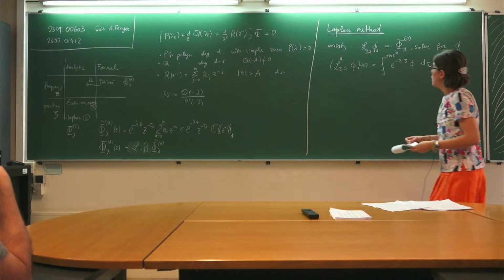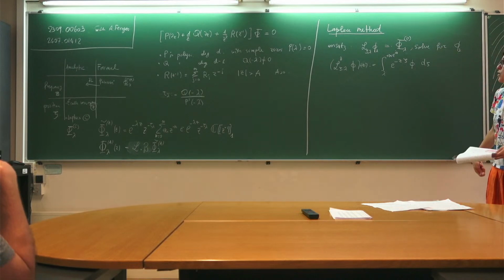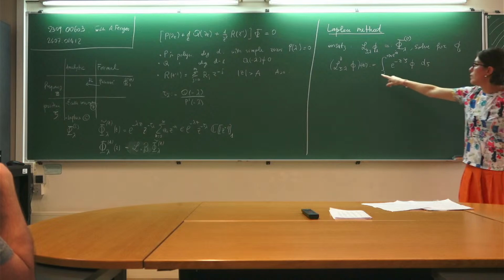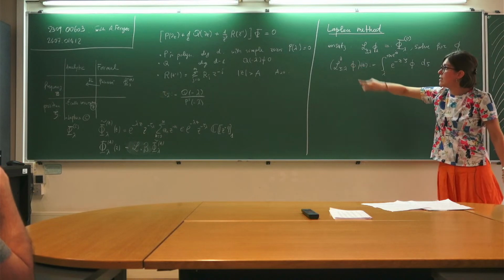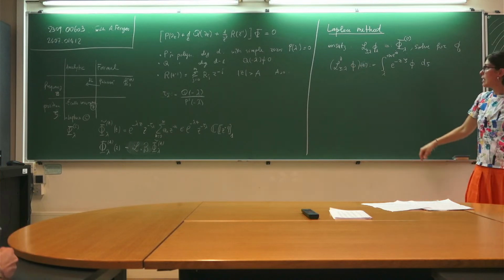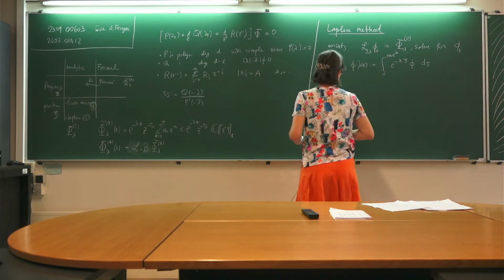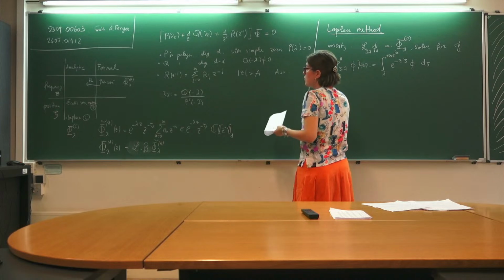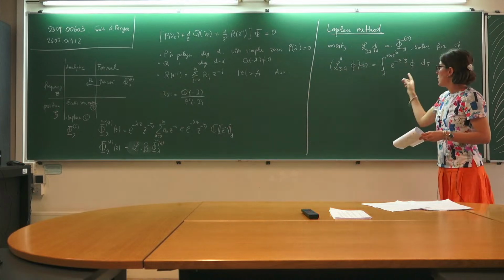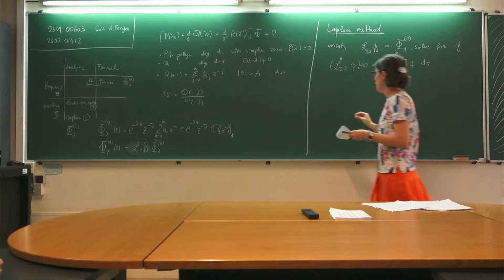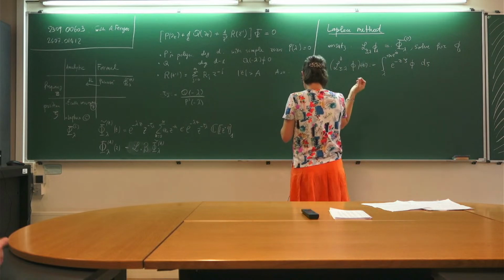Okay. So let's see what the equation looks like for this type of ansatz once we plug it into our equation. What will be the equation for little phi? We have seen yesterday the properties of the Laplace transform, so let me just remind two of them.